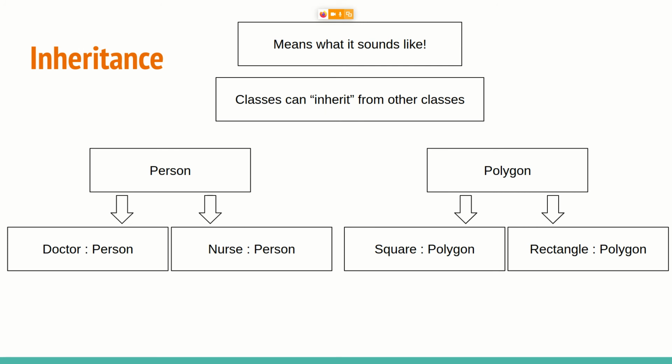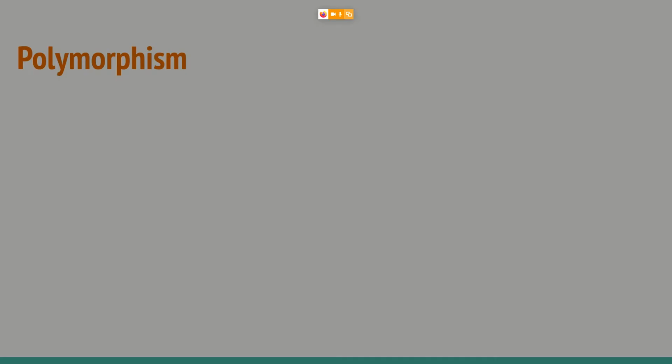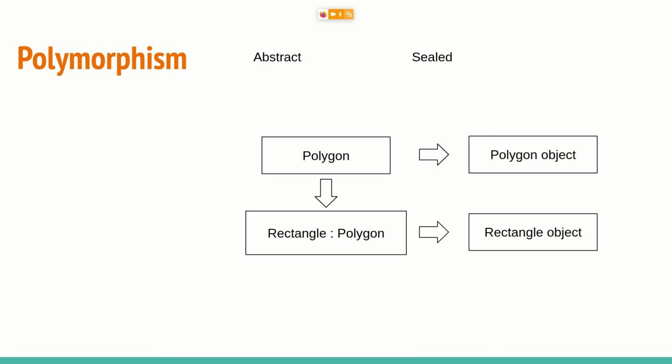So we have two words that control how inheritance can flow, and they were abstract and sealed. Abstract meant that a class can only be inherited from. And sealed meant that a class cannot be inherited from. Under this abstract idea, there's another word that we had to learn called override.